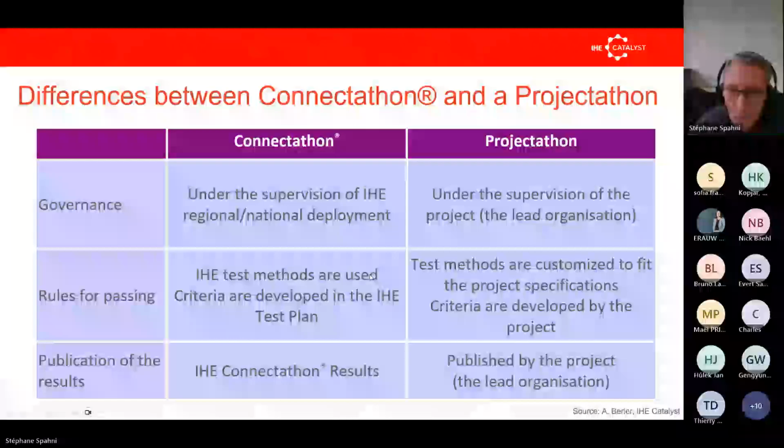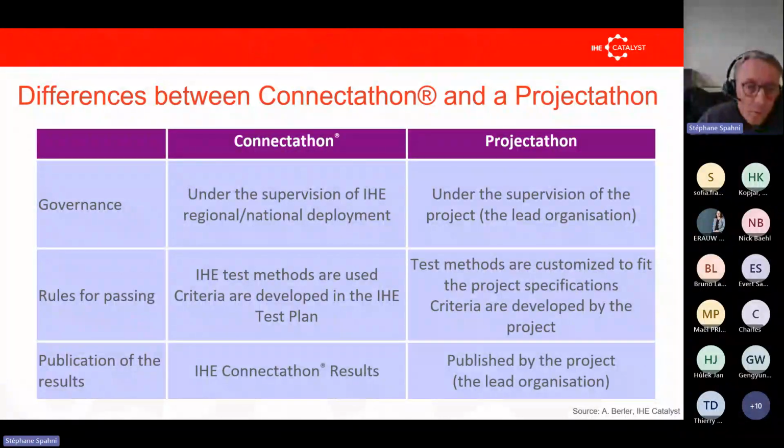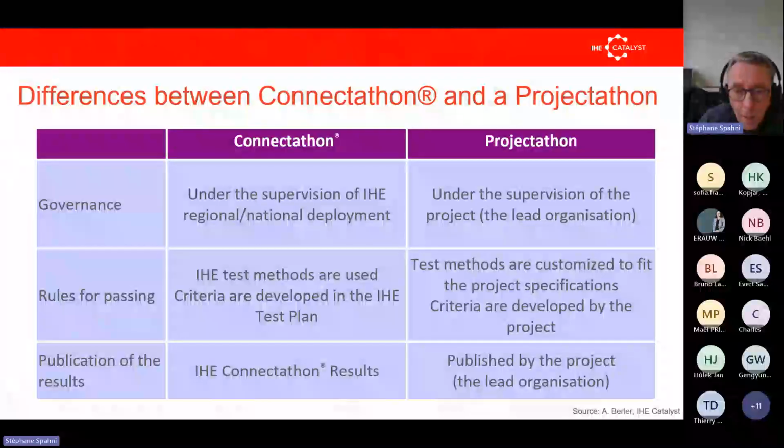The criteria for success, for having a successful testing session, are the IHE test methods and the criteria developed in relation with each IHE profile for the connectathon. In a projectathon, you may have some specific rules linked to the project in which you are participating, or some specific extensions linked to the project.